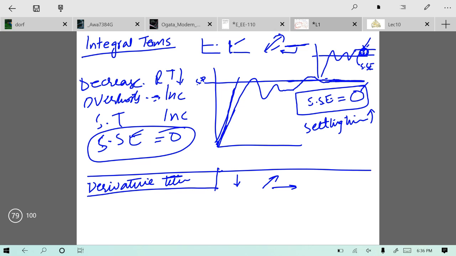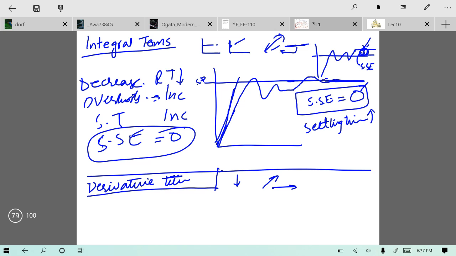So the derivative term can anticipate the steady state error. Although it doesn't have any effect on the steady state error, it can see the rate of change of your system and eventually sets its parameters or its value so that your system response is more stable.